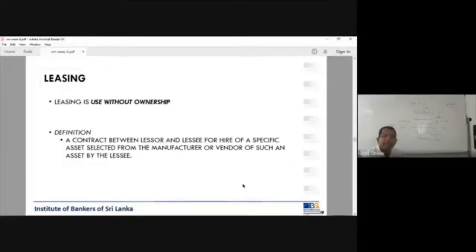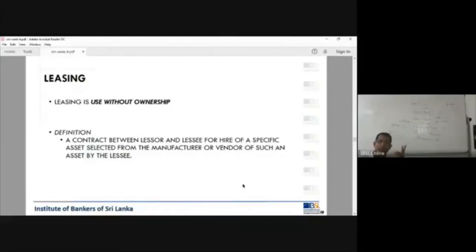Asset-based financing is leasing. We have two types of leasing. Here we look at the product. What is the vehicle we are leasing? What is the equipment we are leasing? It is the ability to use an asset without owning it. Leasing is use without ownership.